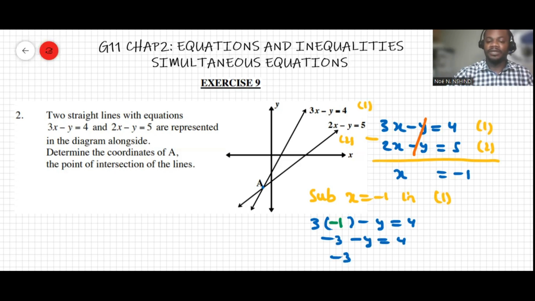That makes negative 3 minus 4 equal to y, which means y equal to negative 7. Therefore, this point A here is the point negative 1, negative 7. We can also see they're both in the third quadrant where x and y are negative. Okay, that's correct.